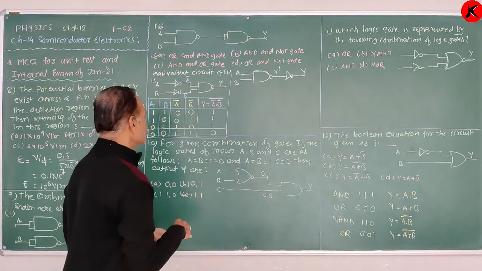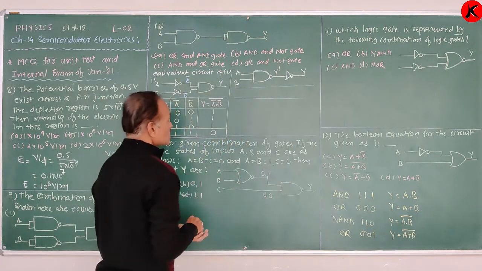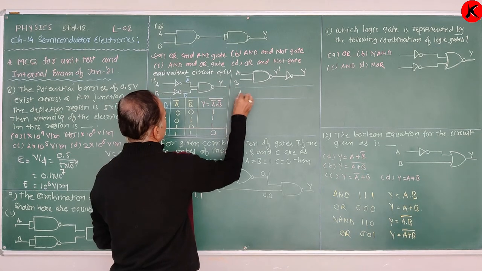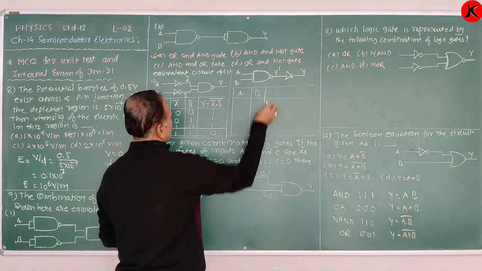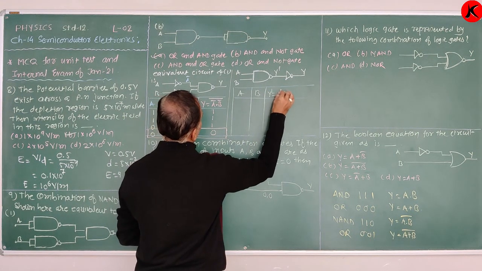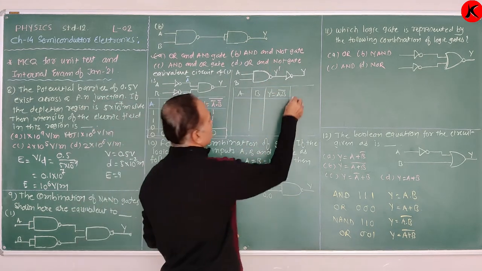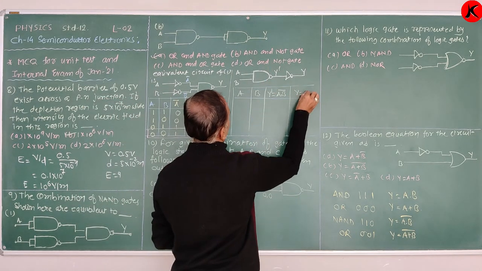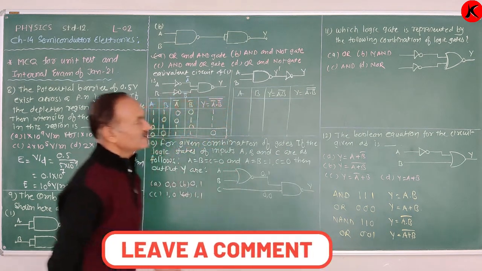Now, how do we prepare the truth table? A and B are the inputs. The output of the first NAND gate is Y dash equal to A dot B whole bar, and that is given as the input of a NOT gate. Therefore, Y is equal to A dot B, whole bar, double bar.